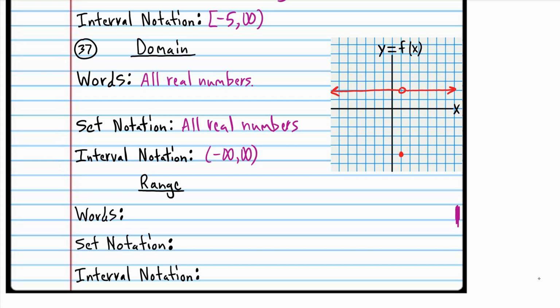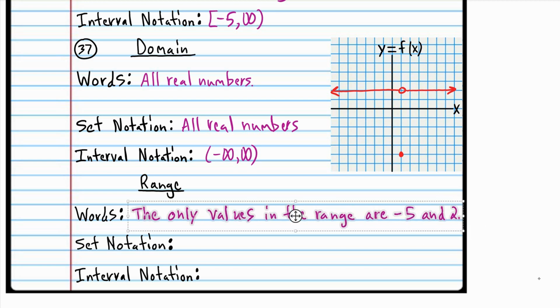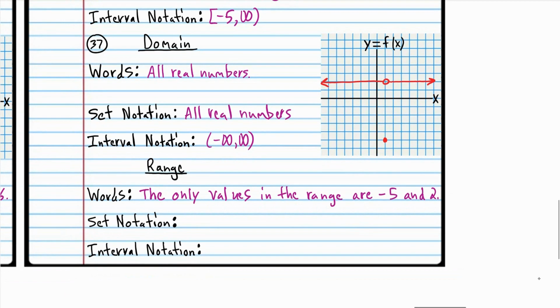The range is negative 5 and 2. Those are the numbers in the range. In set notation, we say the set of all y values such that y is equal to negative 5 or y is equal to 2.